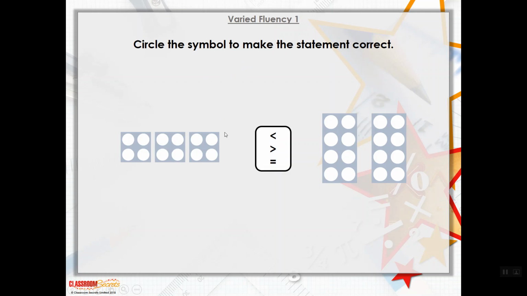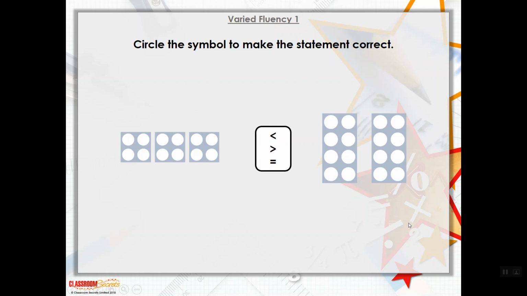So I've got 4 3 times and I've got 8 2 times. Which symbol are you going to say? Are you going to say that this one is smaller than this amount? Are you going to say that this amount is greater than this amount? Or are you going to say it's equal to?